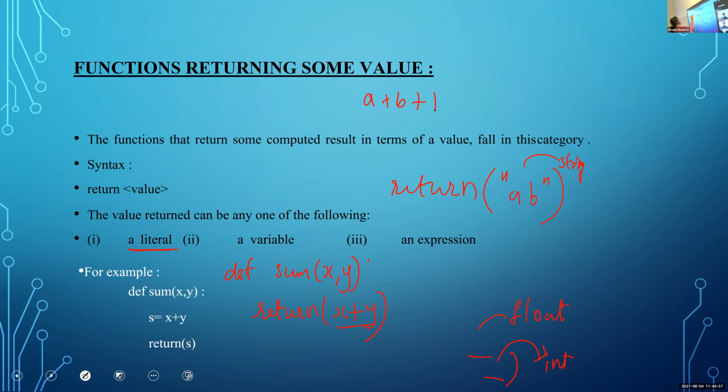Then a star star 2 plus 10 is another example for an expression. So expression means equations, like in maths. We can write one expression here along with the return statement.